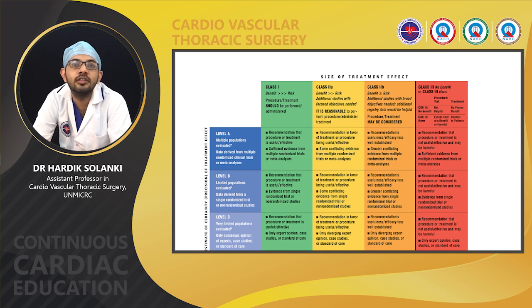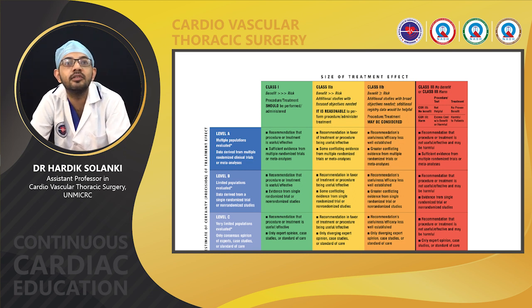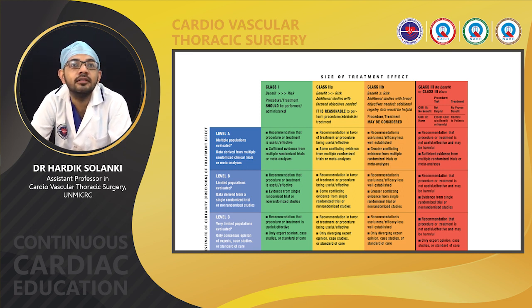Now how to treat tricuspid valve disease. This is according to the level of evidence and class for the treatment. In level A, multiple populations are evaluated and the data are derived from multiple randomized clinical trials or meta-analyses. In level B, only limited populations are evaluated and the data are derived from a single randomized trial or non-randomized studies. In level C, there is a very limited population evaluated and only case studies, opinion of experts, or standard of care is there.